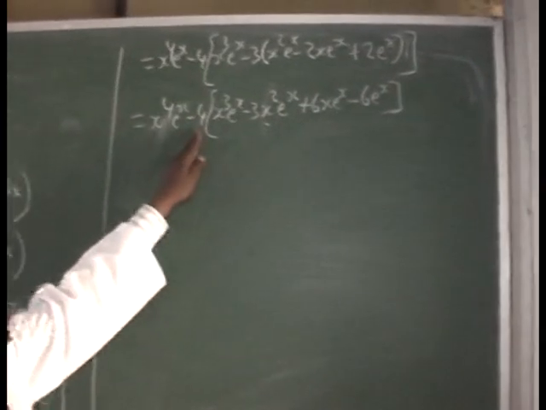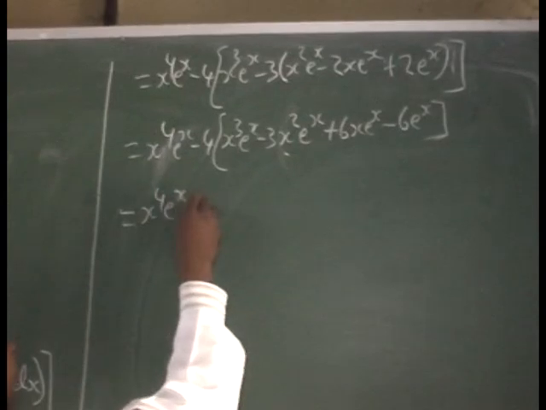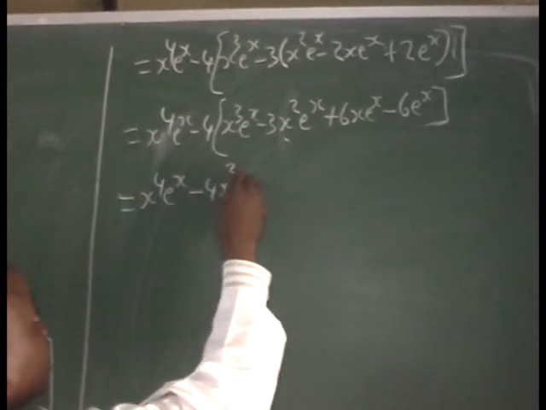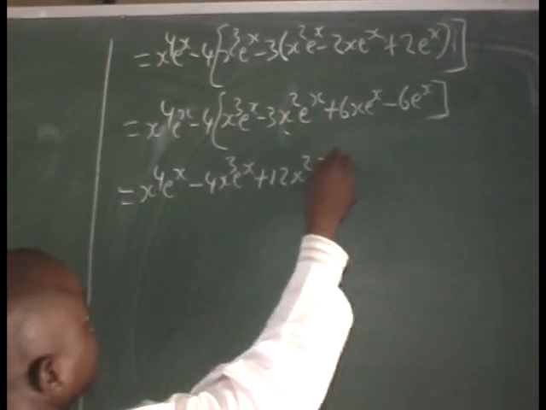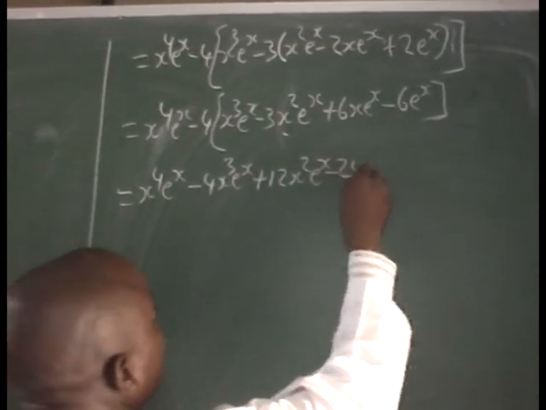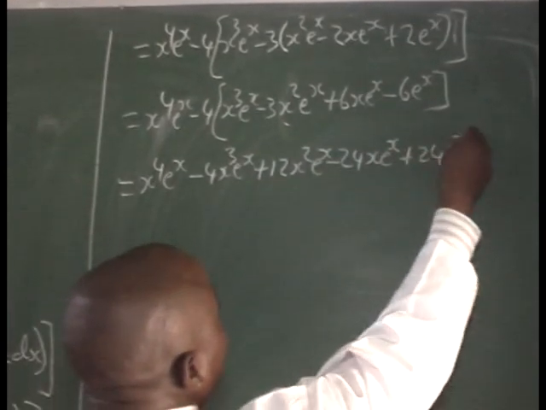Then you remain this one to open. So we have x raised to the power 4 exponential x minus 4x cubed exponential x plus 12x squared exponential x minus 24x exponential x plus 24 exponential x.